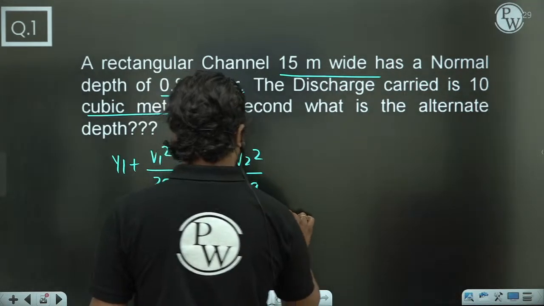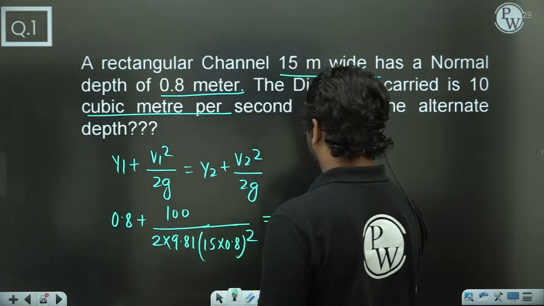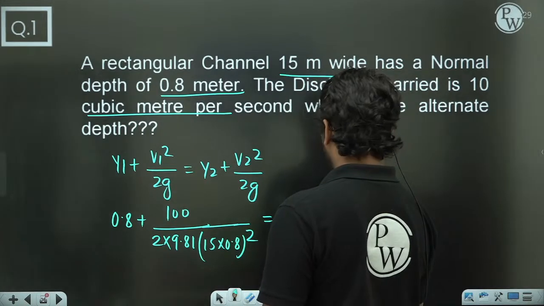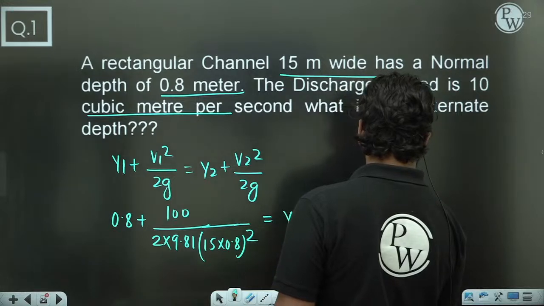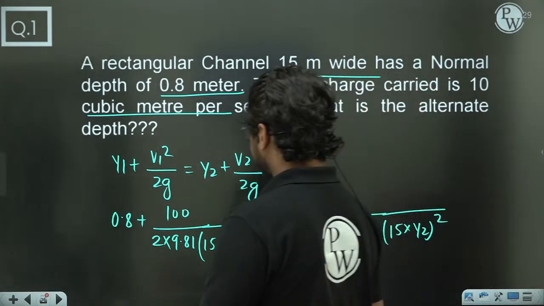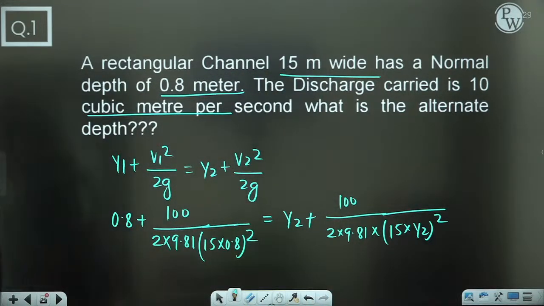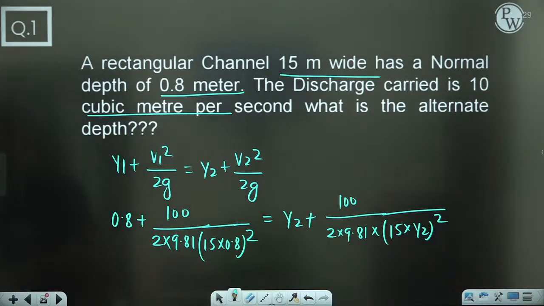Equal to y2, we don't know, that we need to find out actually. This will be again 100 divide by 2 into 9.81 into 15 into y2 whole square. So in this equation only y2 is unknown to you, find out quickly. Calculation will be a little bit lengthy, but you have to do it.